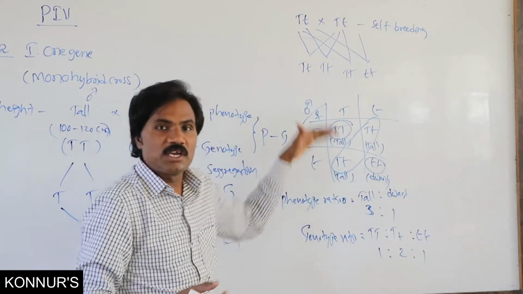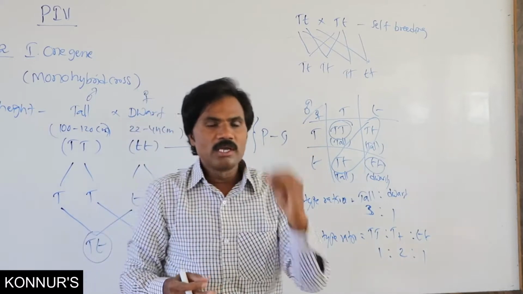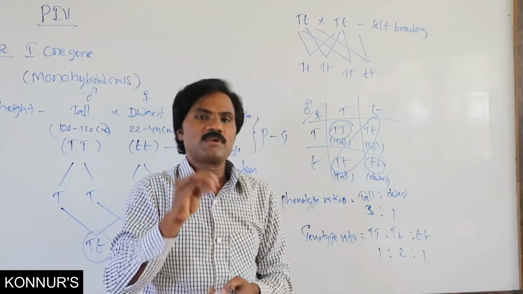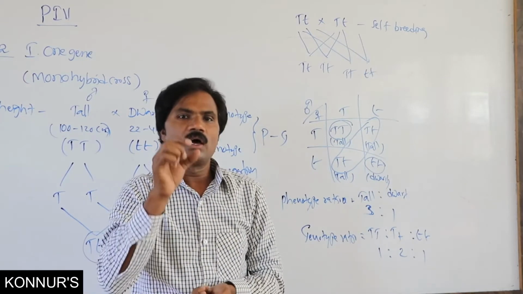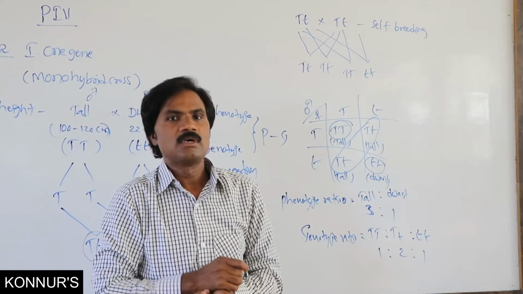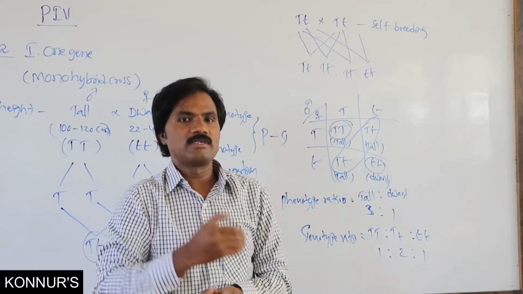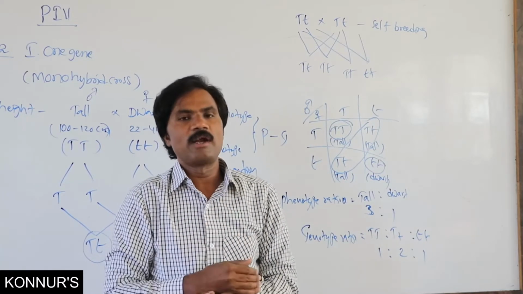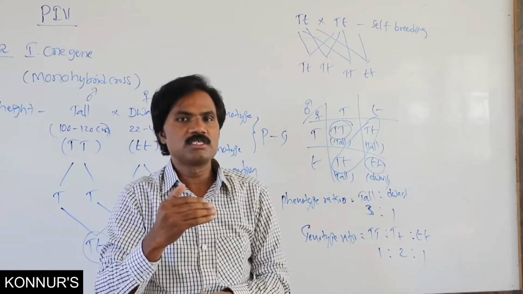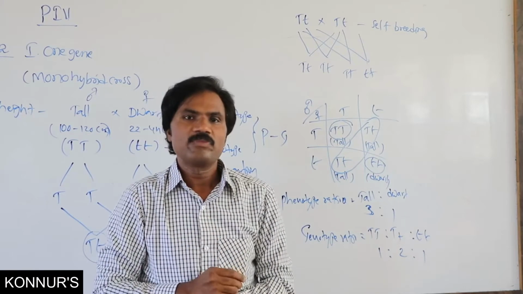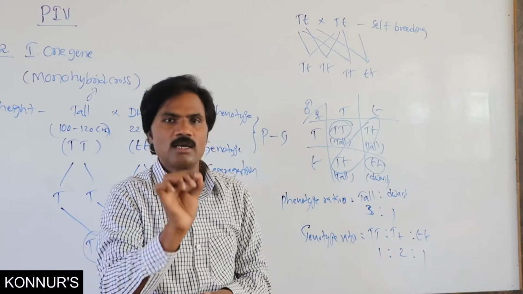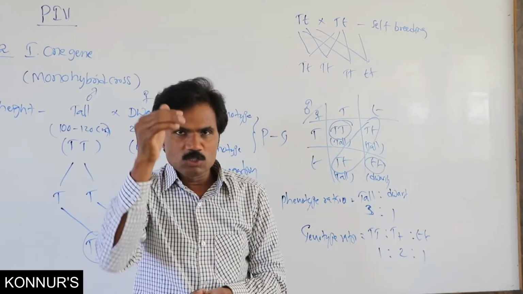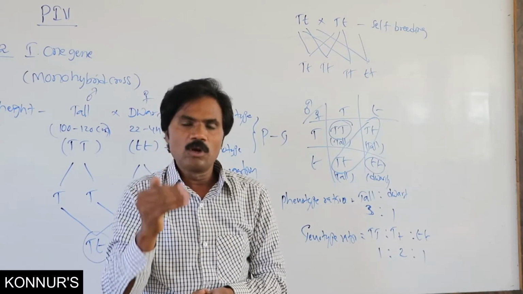Then, the law of segregation. From the exam point of view, what is Mendel's first law? Then you must write the law of segregation. According to Correns, Mendel's first law is the law of segregation. That means in the parents, the gametes segregate purely.